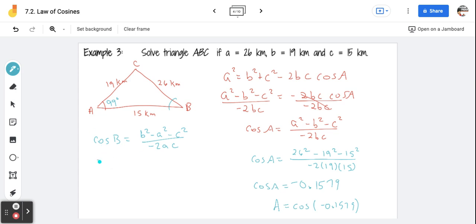And then we just plug in and chug here. So cosine of angle B is going to equal B, which is 19 squared, minus A squared, which is 26 squared, minus C squared, which is 15 squared, divided by negative 2 times A, which is 26, times C, which is 15. All right, so 19, 26, 15.